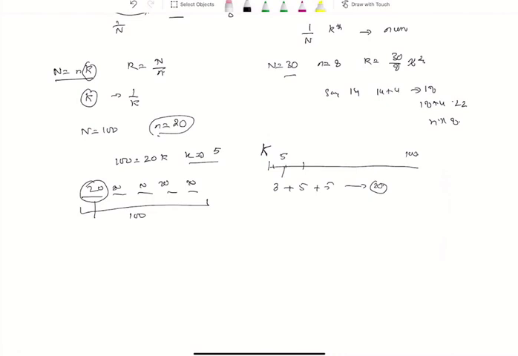So what is the probability of this number getting selected? 1, 2, 3, 4, 5. The probability of this number getting selected is going to be 1 over k. And once you select a number, the whole sample is pretty much decided. So the probability of that sample being selected is just going to be 1 by k.